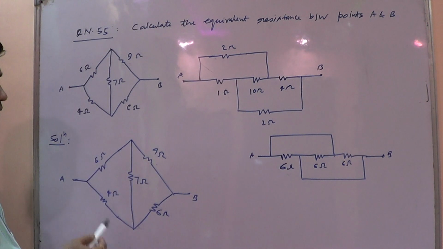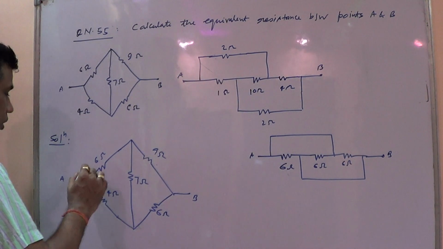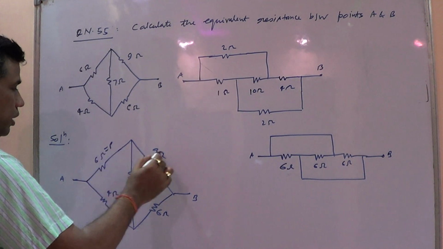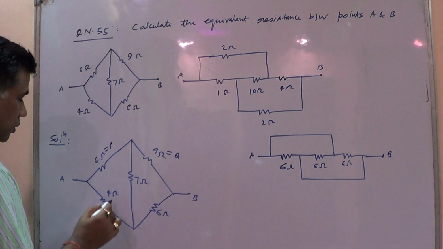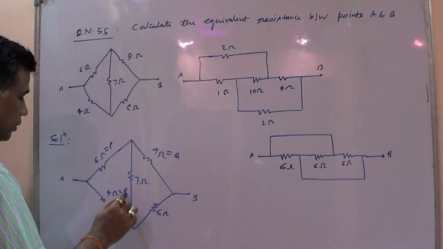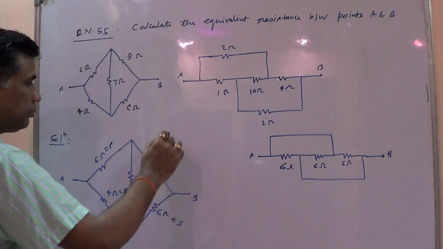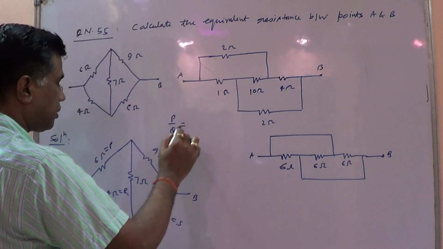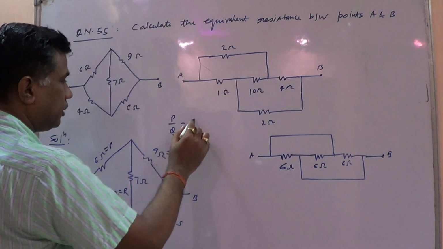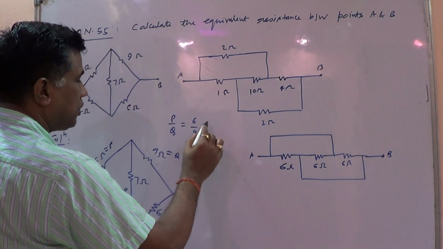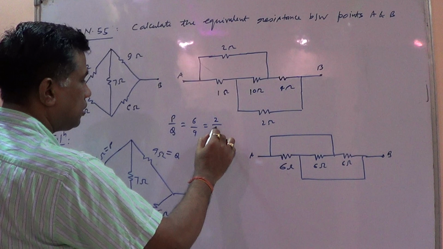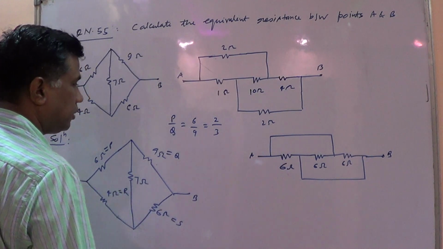Student, this problem is based on Wheatstone-Bridge principle. Let this resistance be P, this one Q, this one R, and this one S. So in this problem, the value of P by Q is 6 by 9, which is equal to 2 by 3, since 3 twos are 6 and 3 threes are 9.